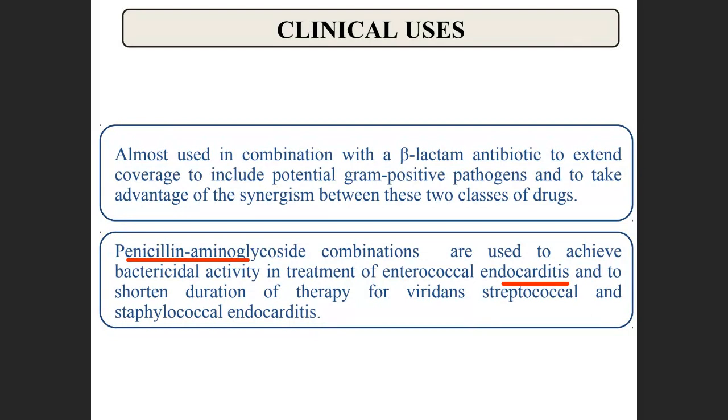So in most of the cases, endocarditis can be treated with the help of the combination of penicillins and aminoglycoside, whether it is caused by enterococcal bacteria or staphylococcal bacteria.